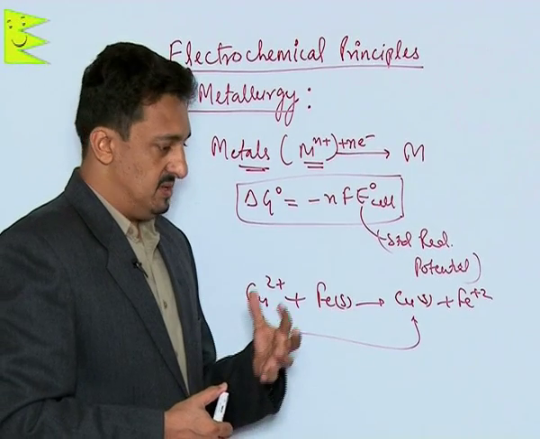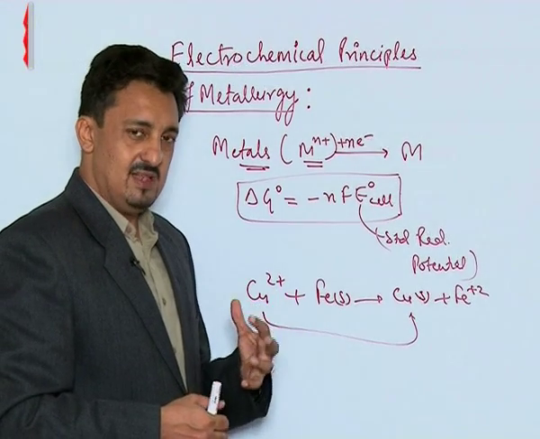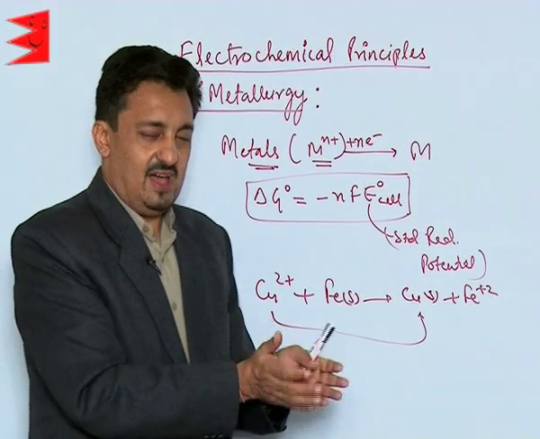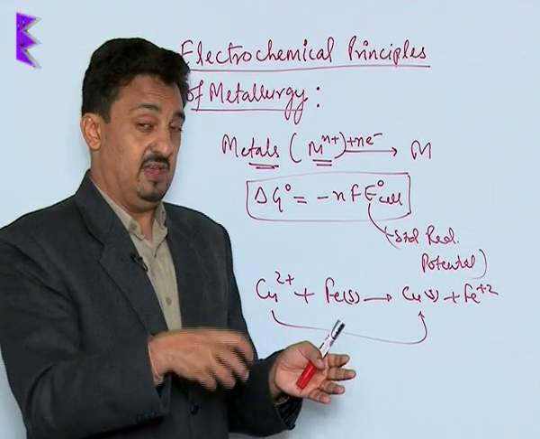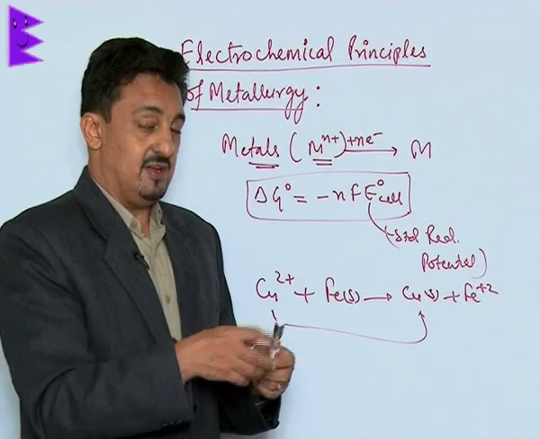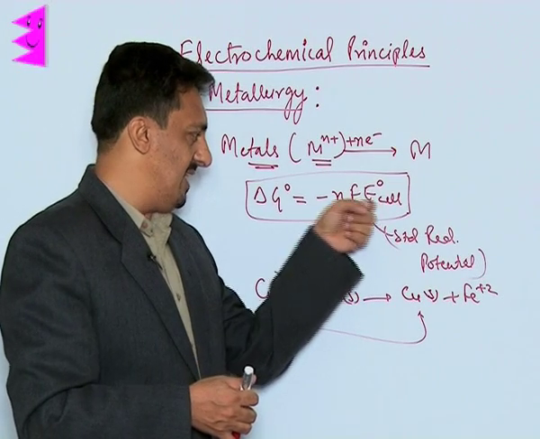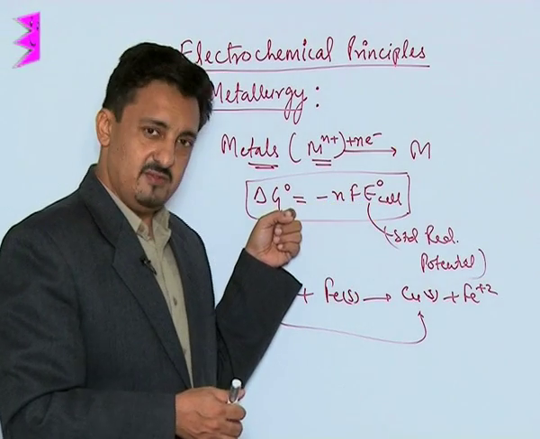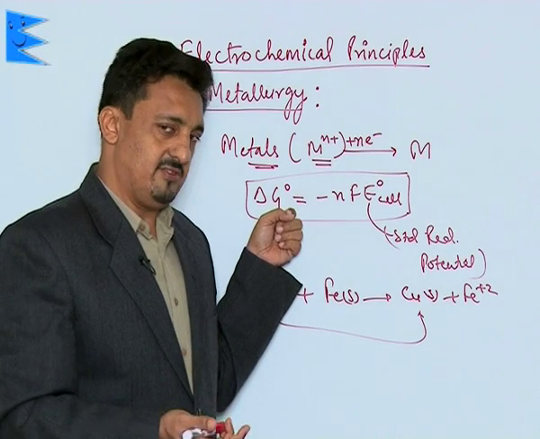Or suppose we have any other metal present in its ionic form and its reduction has a negative E naught. Remember, if E naught is negative, then delta G becomes positive, and once delta G is positive, that means the reaction is not feasible.